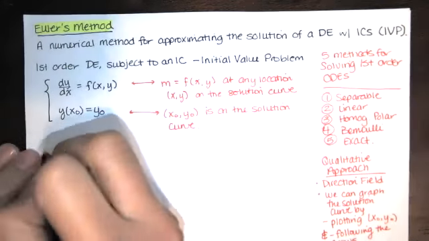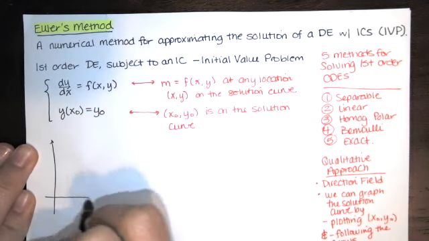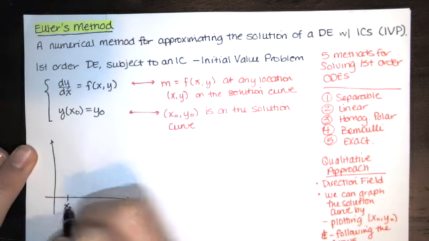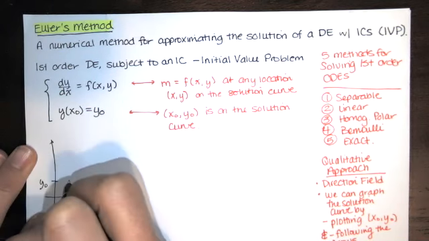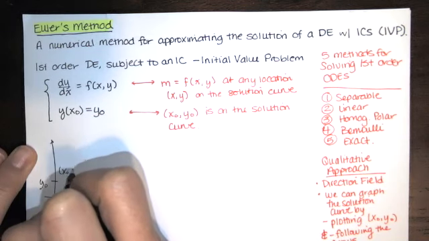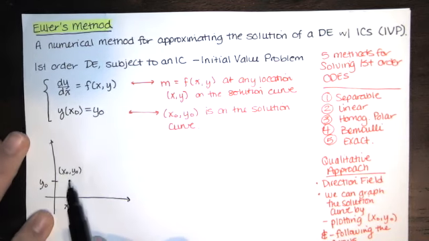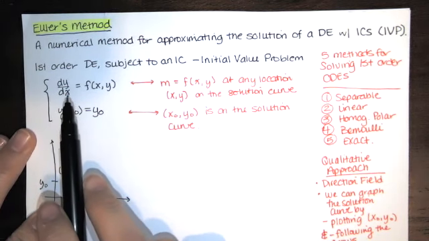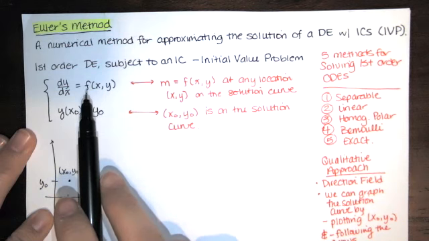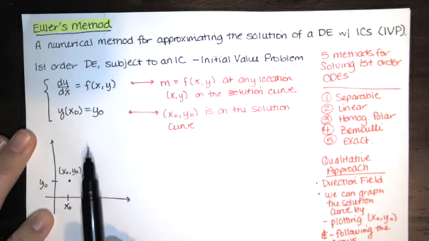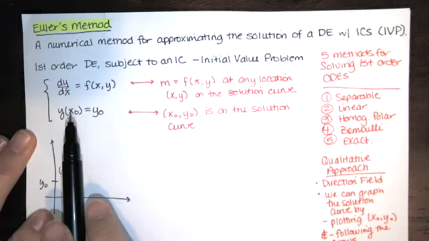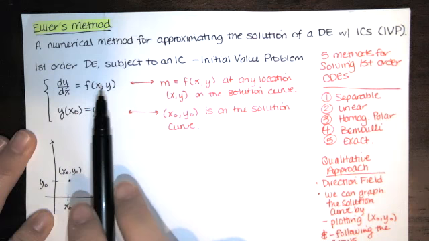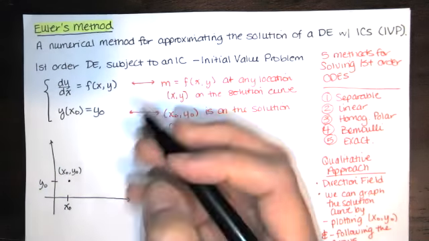Now this is telling me one thing. This part is telling me that we know that our solution curve passes through the point x naught, y naught. Now, if I am at this location and I know that my solution has a slope of f of x, y, well, then I know that the solution passes through x naught, y naught, and it has a slope of f of x naught, y naught at that location.